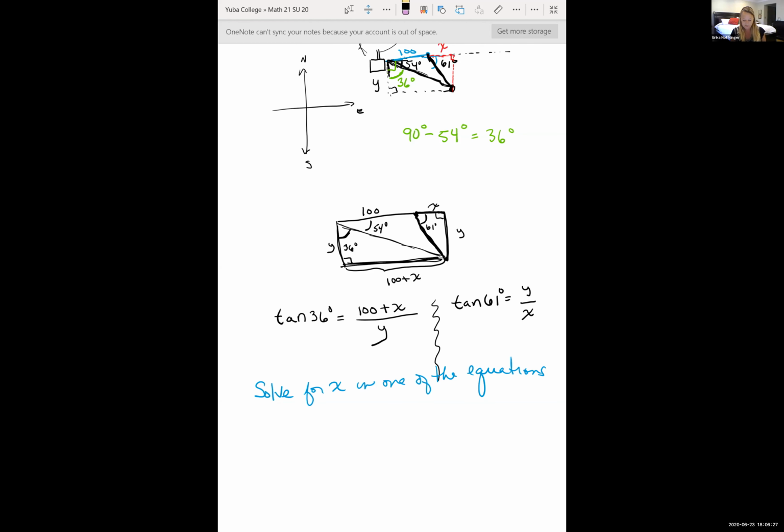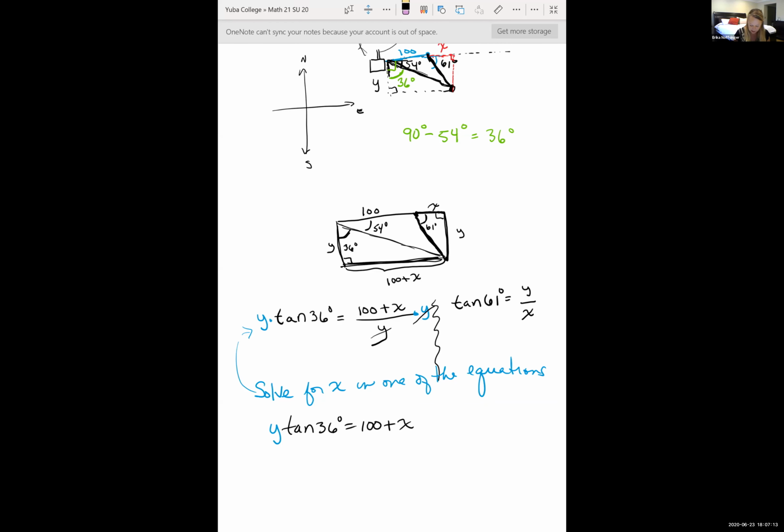I notice I can solve for X if I multiply both sides of the equation by Y, to get rid of the Y in that denominator. So we get Y times tangent of 36 degrees is equal to 100 plus X. I can get X by itself by subtracting 100 on both sides.